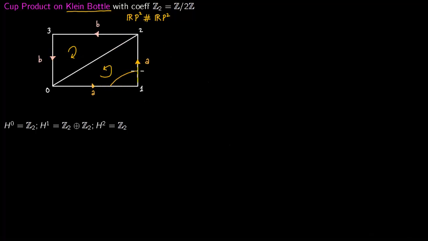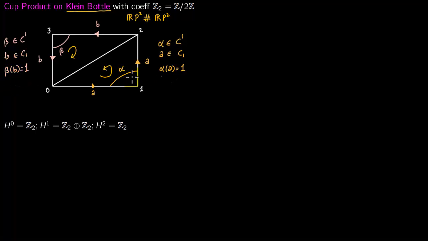This alpha lies in C1, dually to A, and we say alpha of A is 1, so alpha is dual to A. Similarly for B we have beta, which lies in the cohomology part, and beta acting on B gives you 1.